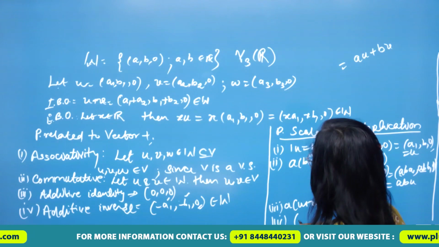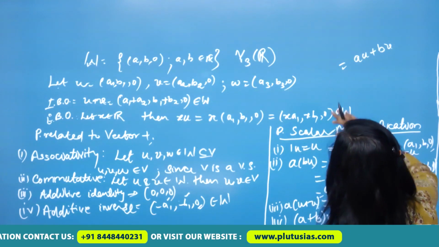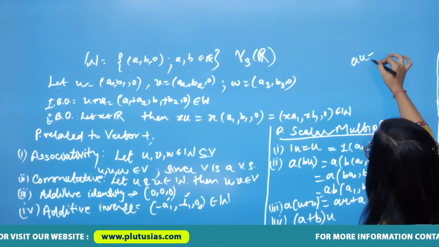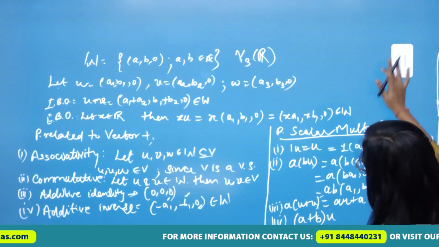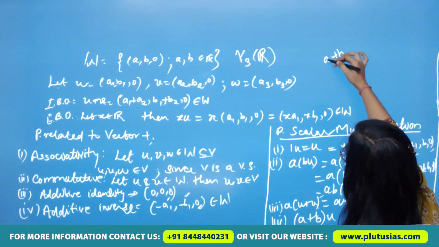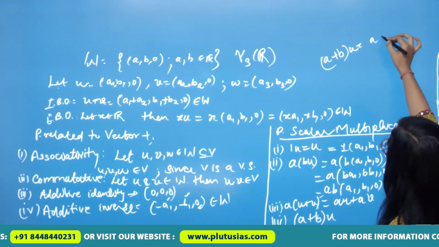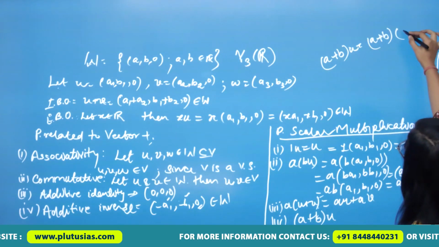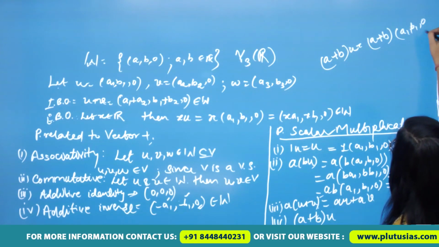Fourth, we need to prove if we take a plus b into u, this should be equal to au plus bu. So how to start? We will start from here only, that is a plus b into u, where a and b are elements of the reals, and u is a1 comma b1 and 0.